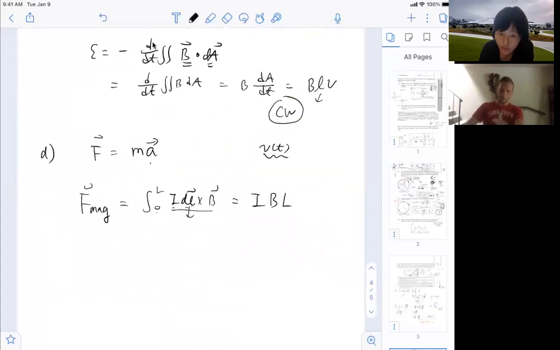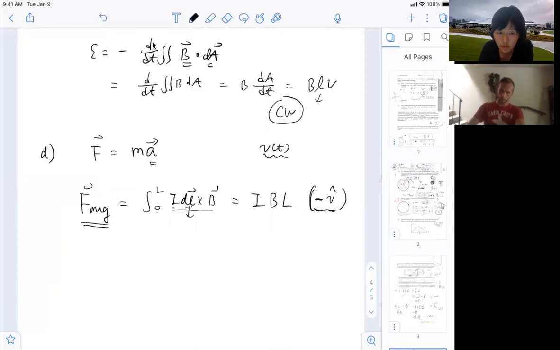I'm going to do something just a little bit different because later on I want a velocity. Instead of saying negative x hat, I will say negative v hat because v is in the x hat direction, which gives you the same result. This clearly shows you this force is opposing your velocity, trying to slow you down, which makes sense.